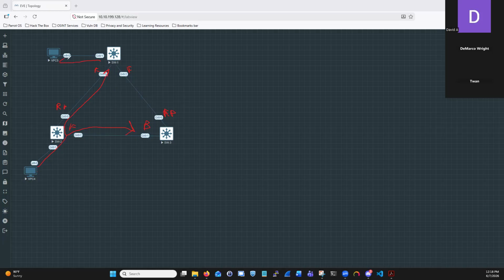Boom. One-way flow of traffic. Let's talk about it from switch 3's perspective. If I had a host sitting right there, I'm going to send it up my root port. I can't send it here because it's blocked. I'm going to send it here and then send it to PC5 or send it to PC4. But there's only one flow of traffic. There aren't multiple flows of traffic. Okay? All right.